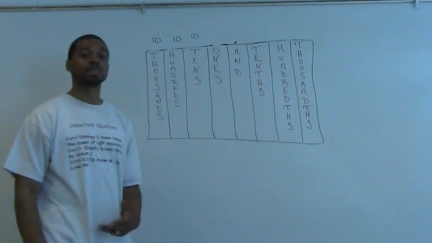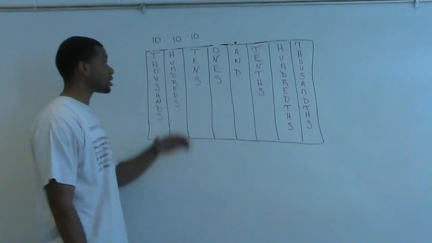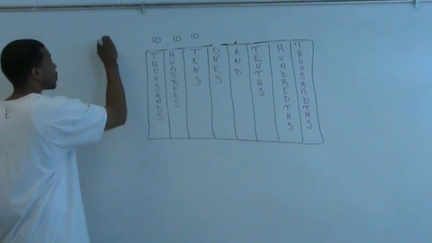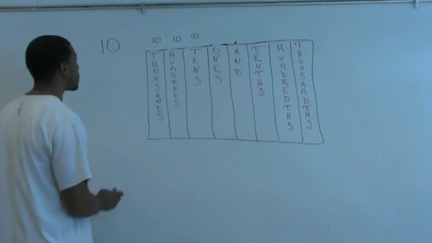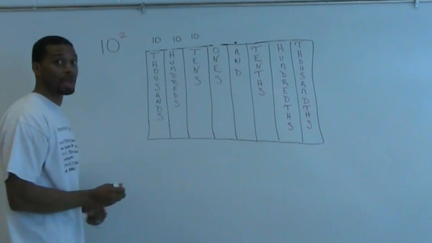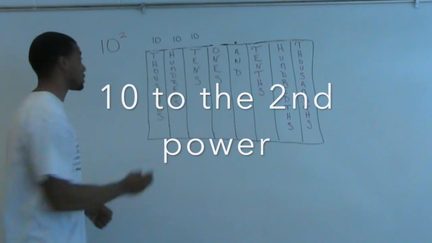The exponent lets me know how many times I'm going to repeat my base. In this particular instance, again, we're using powers of 10, so my base will always be 10. My exponent, in this particular case I'm using 2, lets me know how many times I'm going to repeat my base.